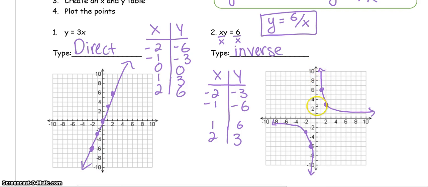So the line will never cross the y-axis. And then y will never be 0 because there's no number you can divide 6 by that equals 0. So that means the line can never touch the x-axis, which is why we get these two curves here.